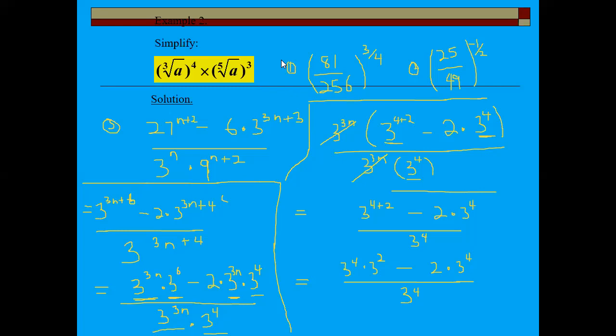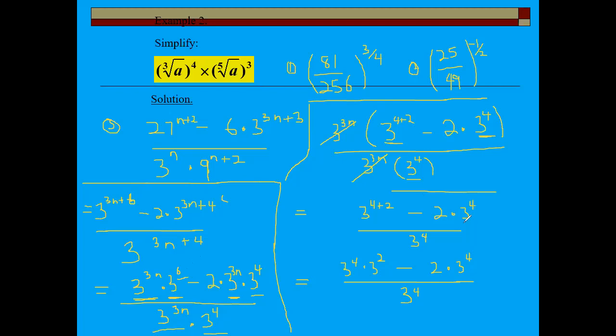Sir, please, with the 3 raised to the power 4 plus 2. Why didn't you add the 4 plus 2, making 6? I don't understand how you did that. Why can't we add the exponents? Clark, it was already 6.